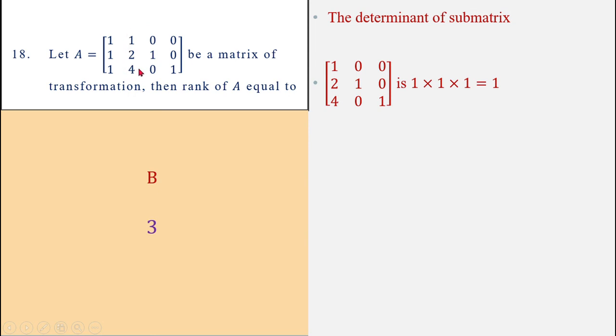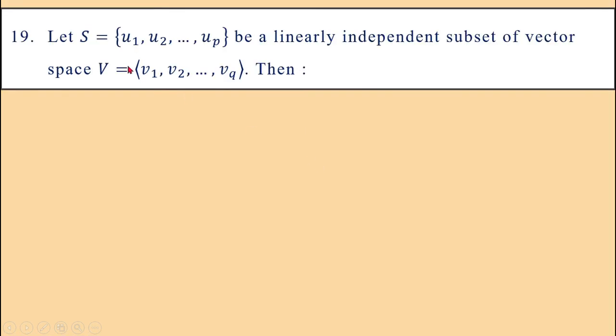When we have a lower triangular matrix, its determinant is nothing but the product of diagonal entries, that is equal to 1. As A has a submatrix of order 3 by 3 having non-zero determinant, its rank will be greater than or equal to 3. Again, as it has only 3 rows, its rank cannot exceed 3. So the rank of A is equal to 3, and the correct option is B.